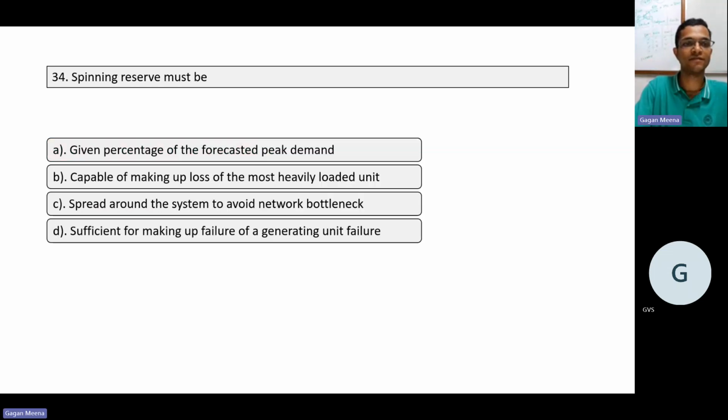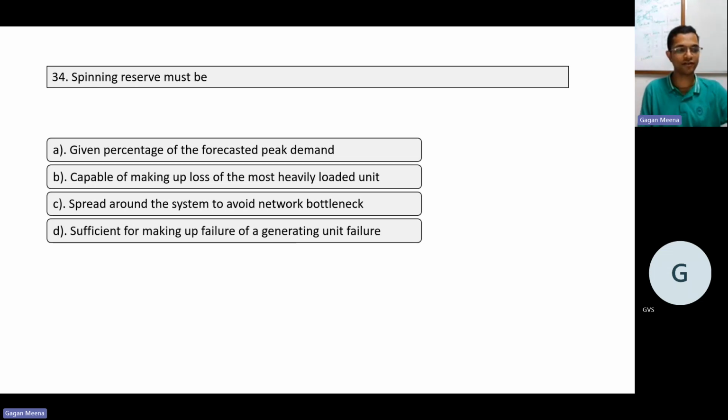Spinning reserve must be a given percentage of forecasted peak demand, capable of making up the loss of the most heavily loaded unit, spread around the system to avoid bottlenecks and sufficient to cover a generating unit failure. So yes, we want to ensure that the system is running without any problem even if there is an n-1 contingency.